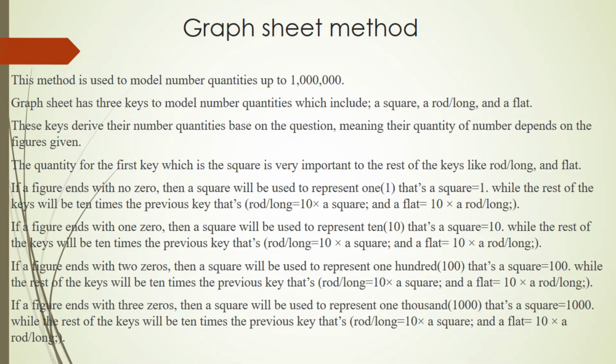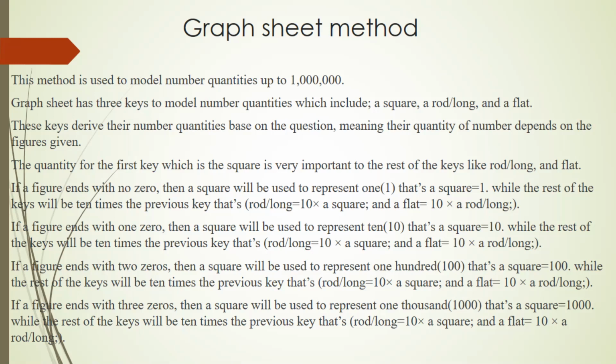If a figure ends with 2 zeros, then a square will be used to represent 100. Then our square, which is the smaller key, will be equal to 100, and then the other keys will follow by multiplying by 10.